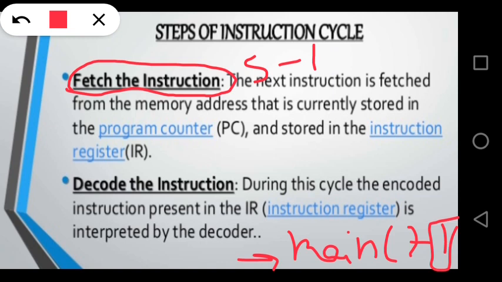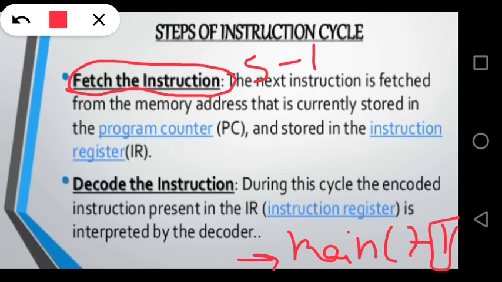So now everything is ready. Now the control unit knows that PC is loaded with the address of the first instruction to be executed. Now it issues fetch: go and fetch the instruction. So this is step 1 in the instruction cycle. What is that?